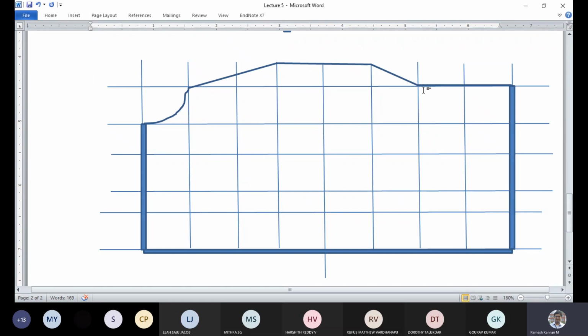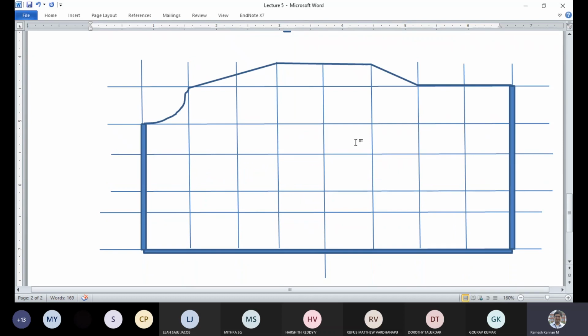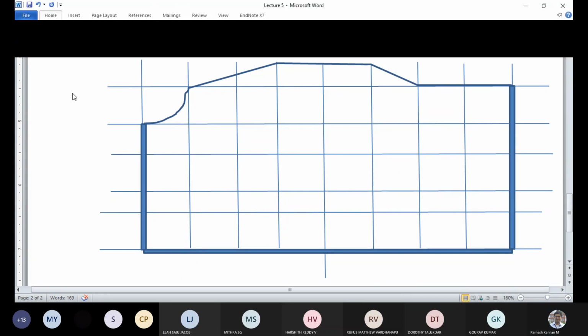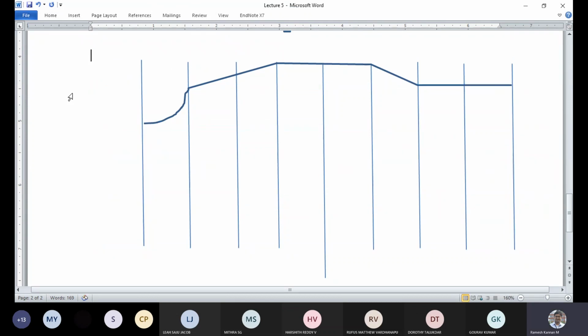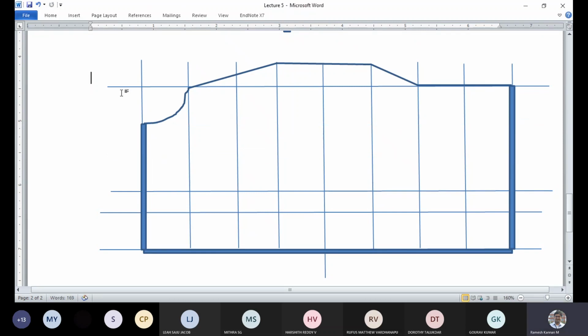So that's the very important thing called the grid method. If the grid lines are not drawn, say I delete all the grid lines, then finding the area is pretty much difficult, right?